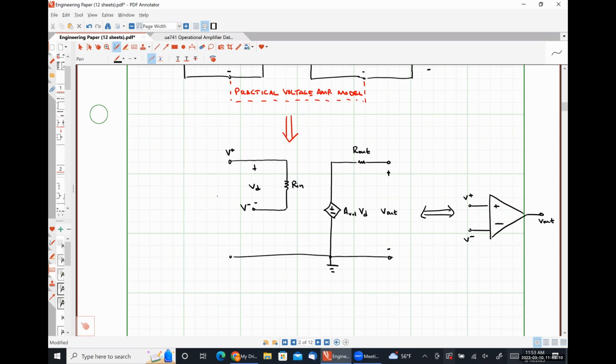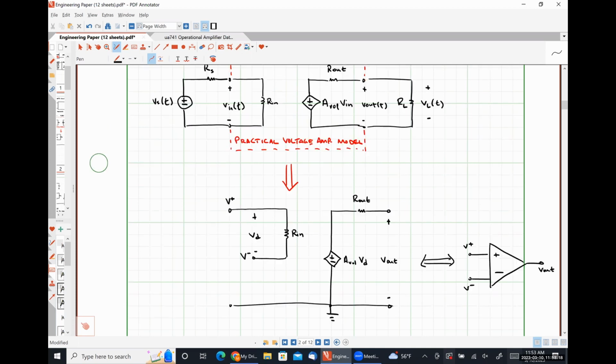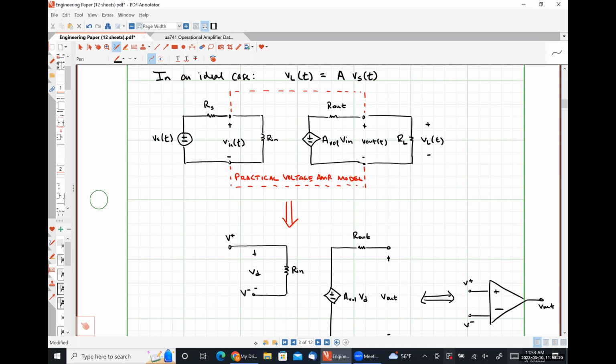The ground came from the fact that we are going to have a ground reference for our power supplies, right? So up here, we're effectively saying this entire bottom rail is ground. Now we are saying that our input resistance is at some floating potential above ground that depends on what voltage we apply at our non-inverting input terminal and our inverting input terminal.